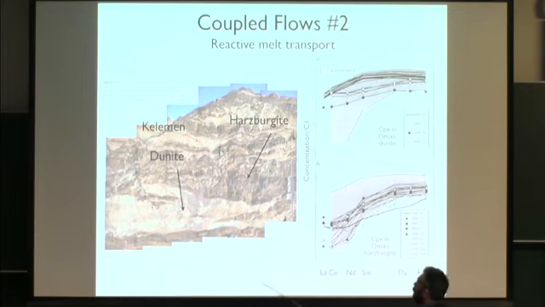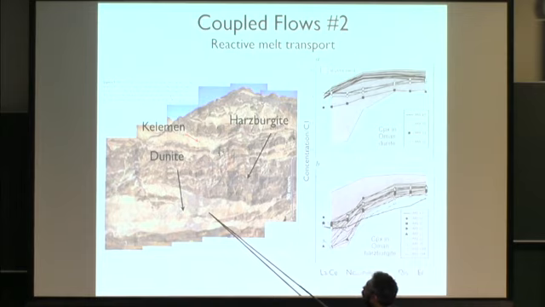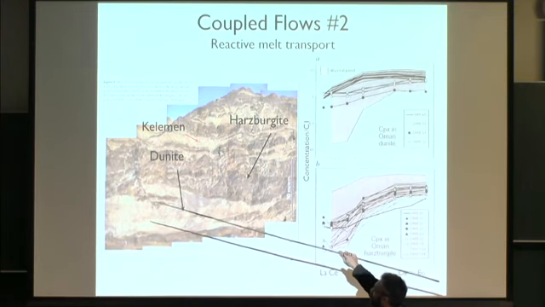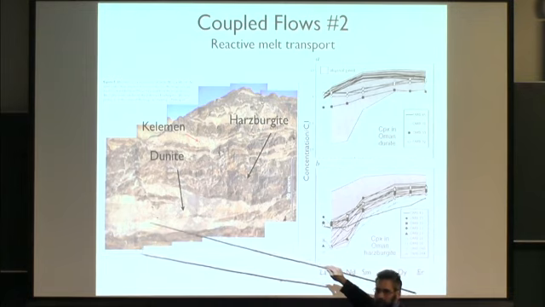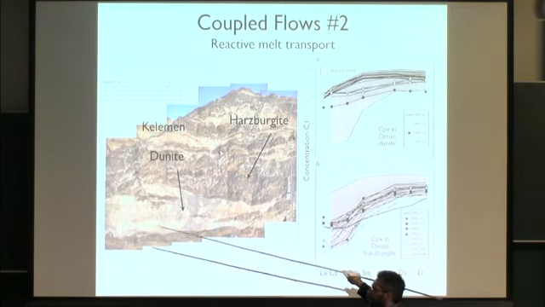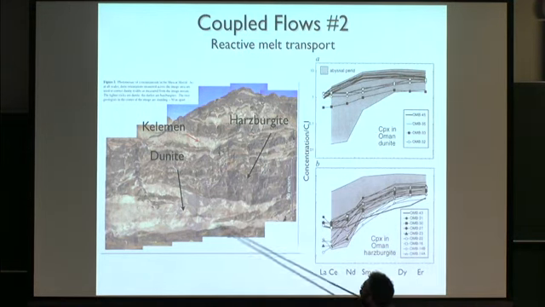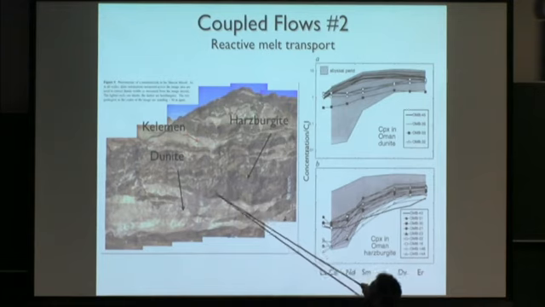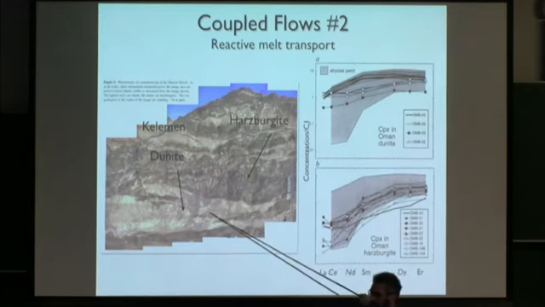His original idea was that what you're looking at here are the relics of reaction channels where melt has moved through. Orthopyroxene is not in equilibrium. They're sideways because the whole system has been transposed, but the notion is that when these were being formed, they were vertical. Melt has moved through here and has reactively dissolved out the orthopyroxene, leaving a dunite residue.